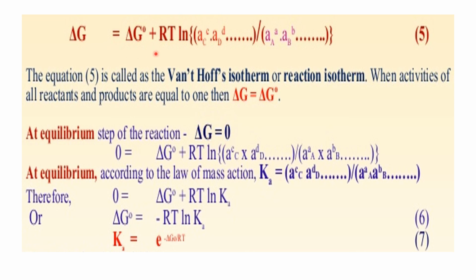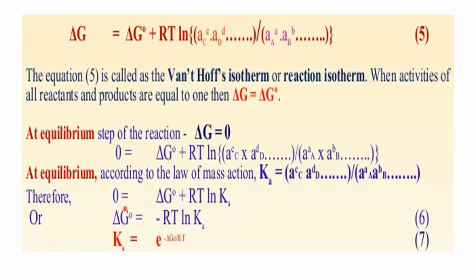So in this equation, when delta G is equal to 0, the activity of the product by the activity of the reactant is the equilibrium constant Kc or Kp. So we can say 0 is equal to delta G0 plus RT ln Kp or Kc.